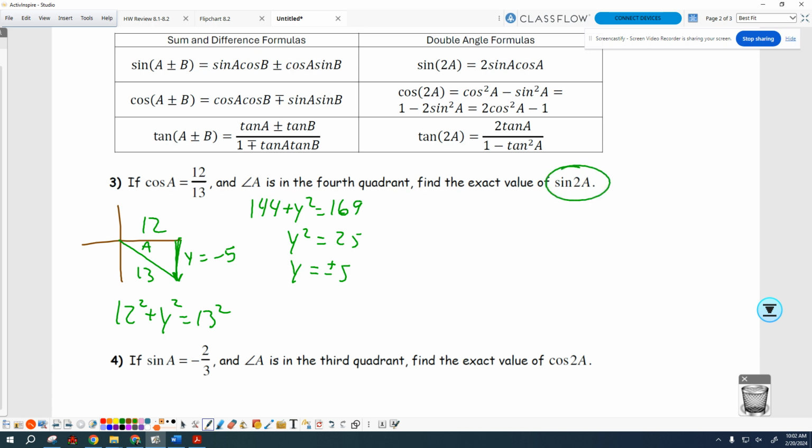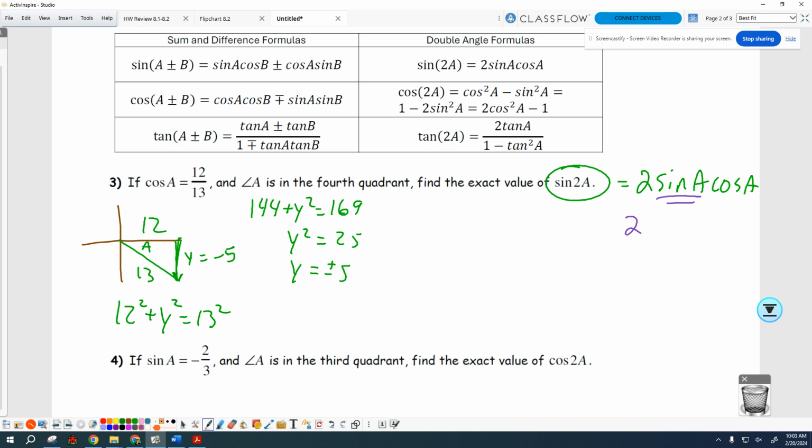Peter, what's the expansion of the formula for sine 2a? 2 sine a cosine a. So you aren't done, you now need to apply it. Jayla, we have the picture drawn, we have all the math figured out. What is sine of A looking at the picture?